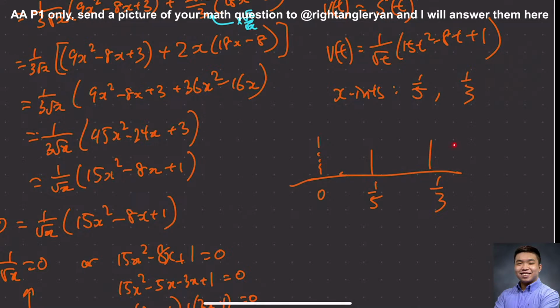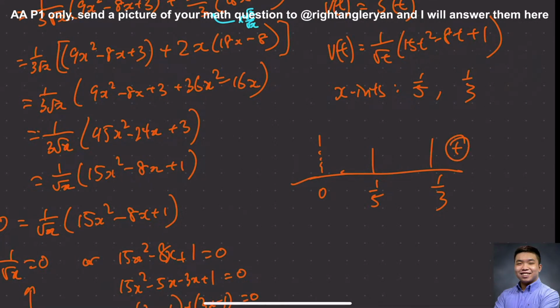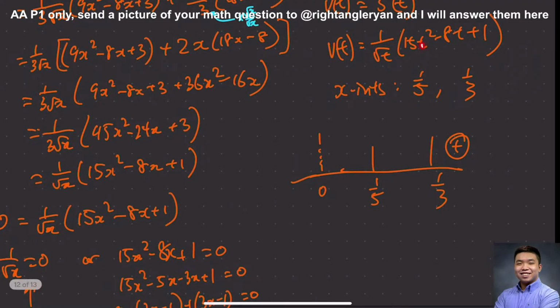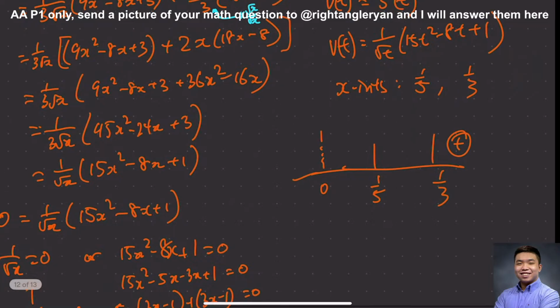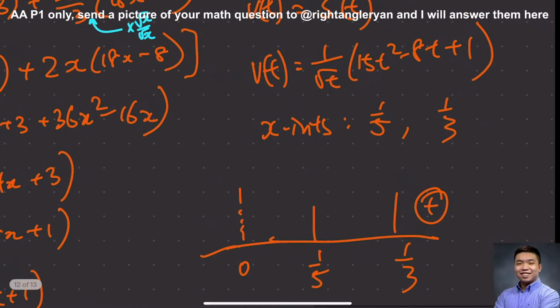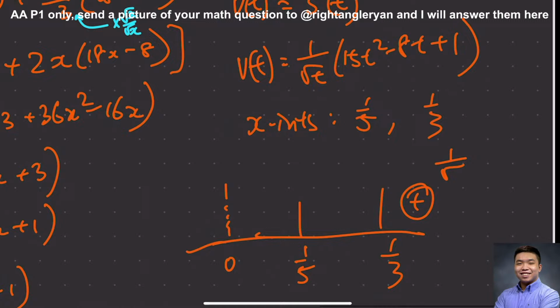Now I'm going to test my values. If I put 1 into here, I'm going to have a positive value. If I set 1 over 4, so 0.25, this will be 1 over square root of 1 over 4, times 15 times 1 over 4 squared, minus 8 times 1 over 4, plus 1. Does that give me positive or negative?